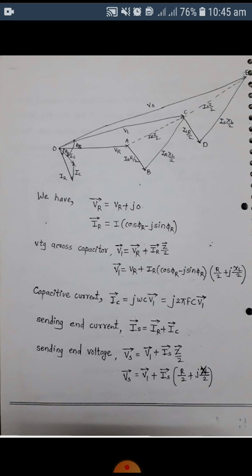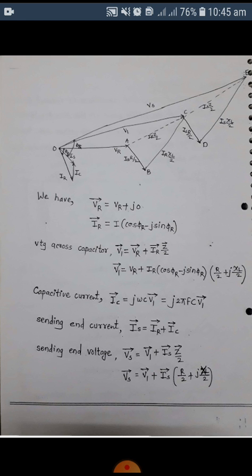Then we can represent voltage across the capacitor phi1. That phi1 is equal to receiving end voltage phasor plus IR into Z by 2. That Z by 2 is nothing but the impedance of the second part of the line, which is almost half of the total impedance of the line.